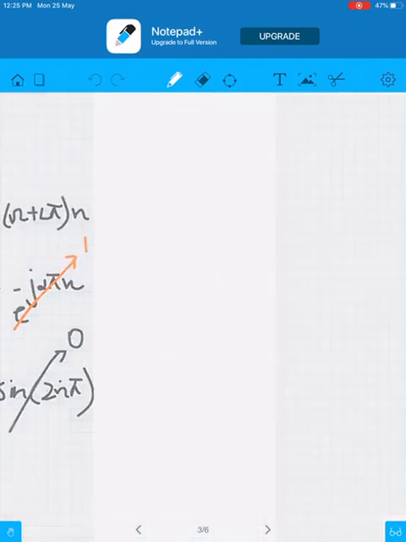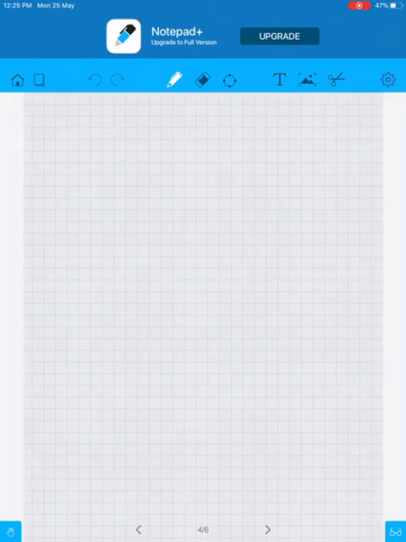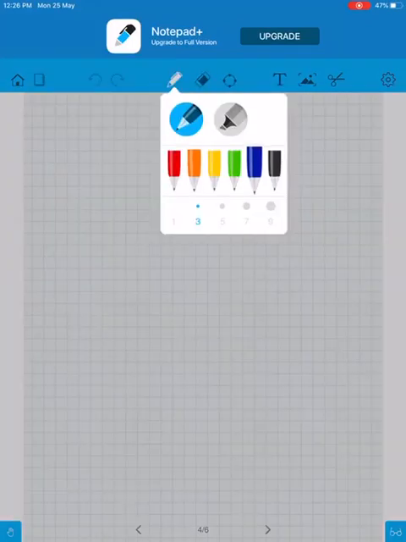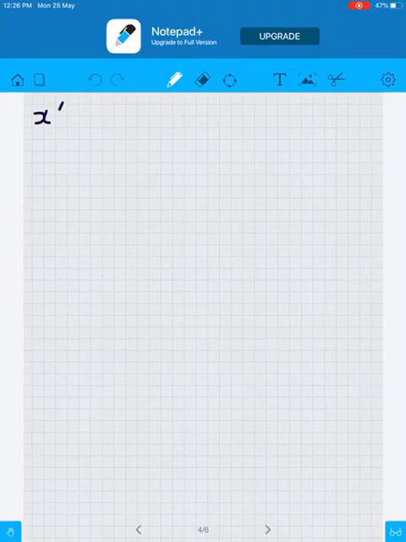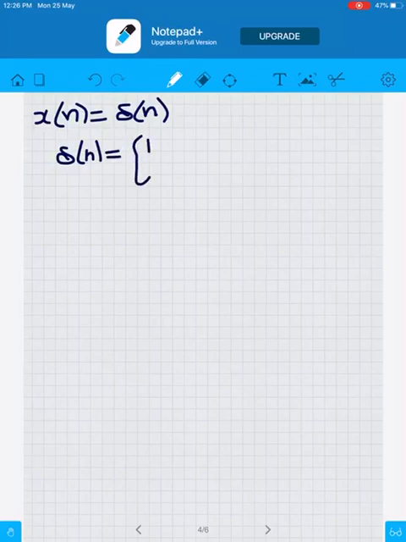Okay, let us try to see some examples by applying the discrete time Fourier transform on some basic signals. Say, let us consider x of n is equal to delta of n. So this is the discrete version of an impulse function. What is delta of n given by? For discrete time, delta of n is equal to 1 only at n is equal to 0.